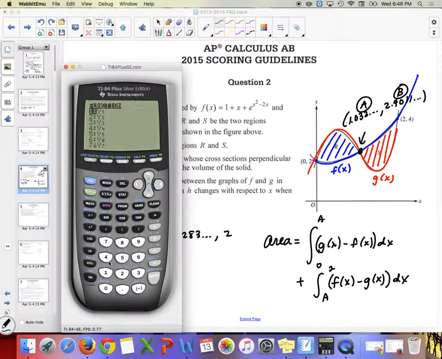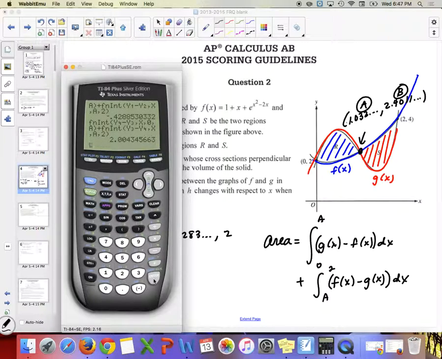So we're going to do Y4 minus vars, Y vars function, Y3, and then the same thing here, but Y3 minus Y4. All right.